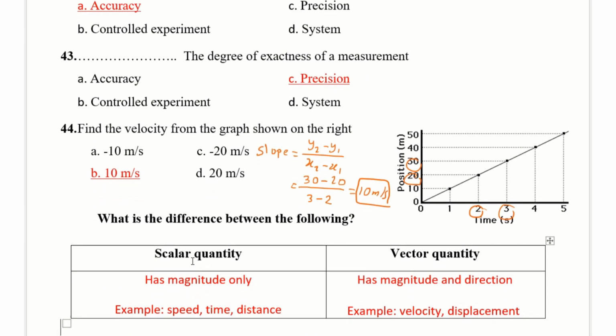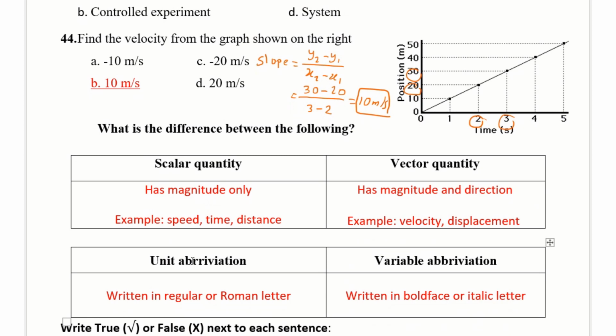Okay, and then you have a comparison between scalar quantity and vector quantity. Scalar quantity has magnitude only. You can write it has value only. And vector quantity has magnitude or value and direction. Examples for scalar: speed, time, distance. Examples for vector: velocity and displacement.